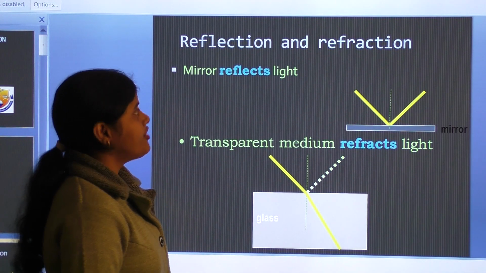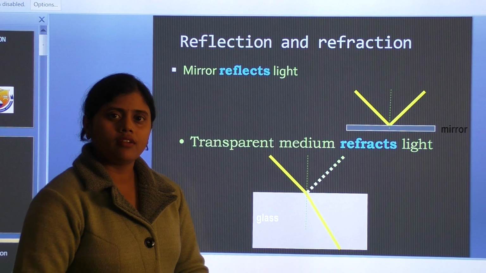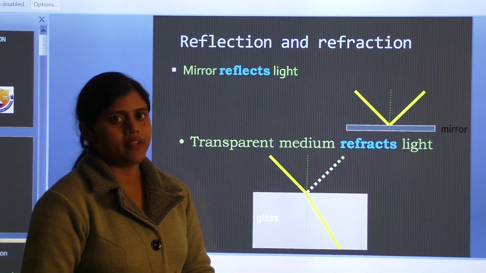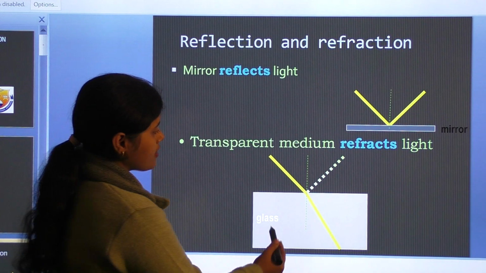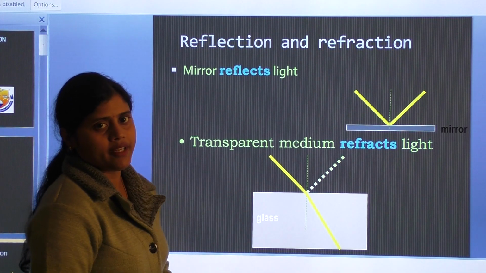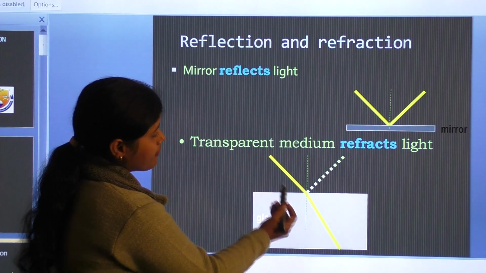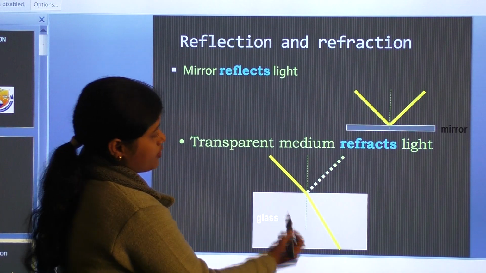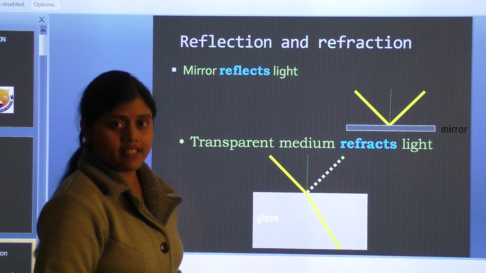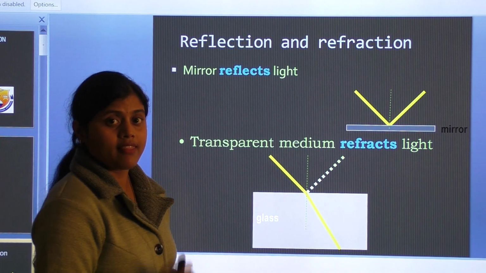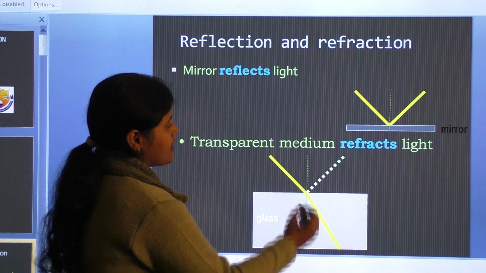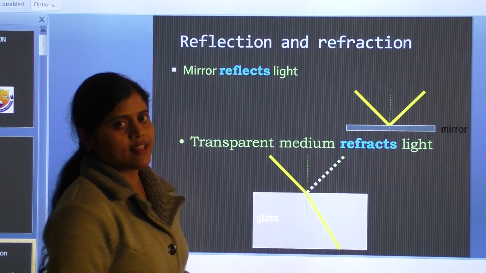Then about refraction. What happens in refraction? For the refraction phenomenon to occur, we need two transparent media. Here you can see glass is one kind of transparent medium and air is another. While light is coming from an air medium to a glass medium, at the interface it suddenly faces a change in density, and that's why the velocity of light changes, and that's why it deviates from its original path.